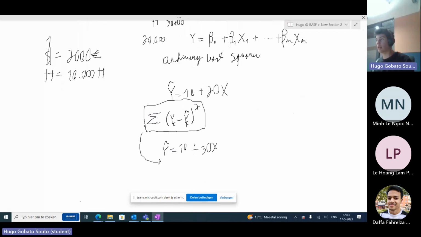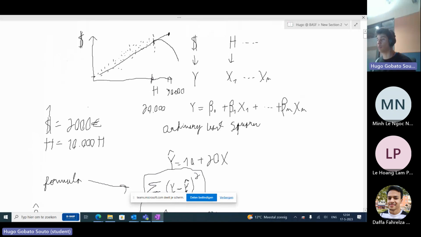You don't really need to learn it, but just know that there is a formula that does this directly. So with this formula, you get your betas by calculating only one time. And by the way, we say beta hat because it's not the real one, because you will never know the real one, because your data is what we call noisy. It means that you have some variation because of other external factors that you are not accounting for.